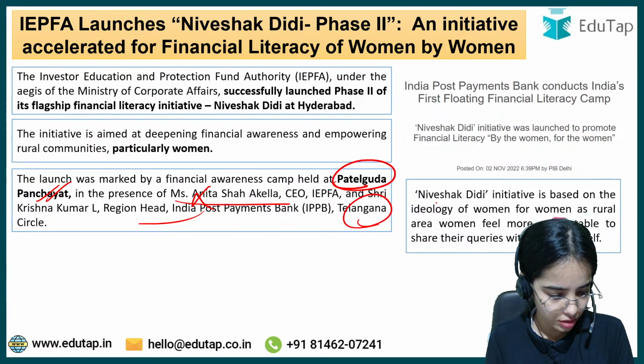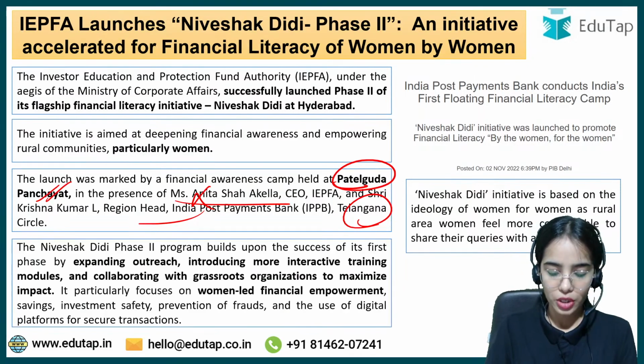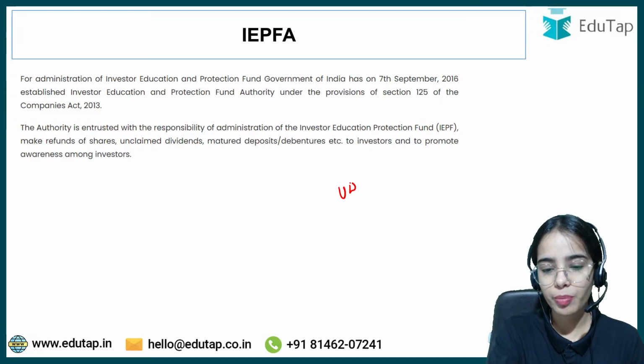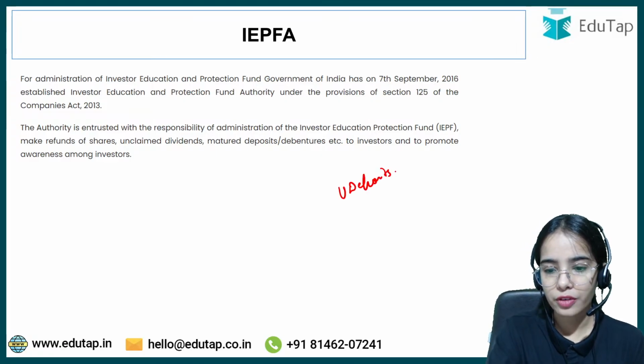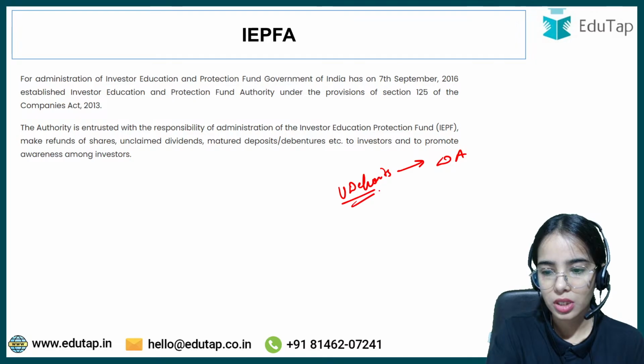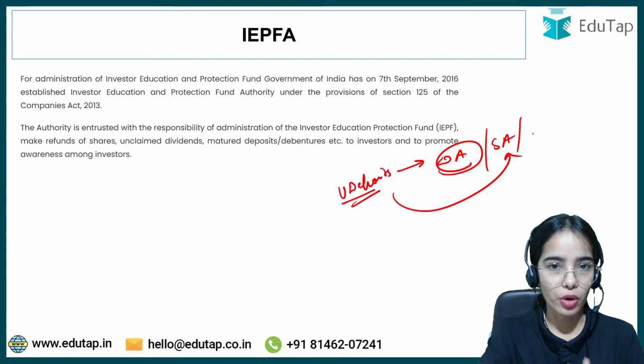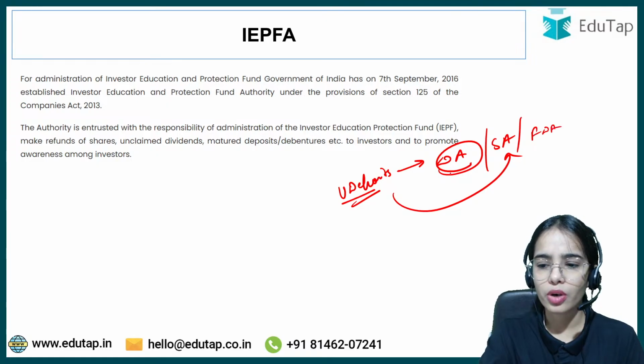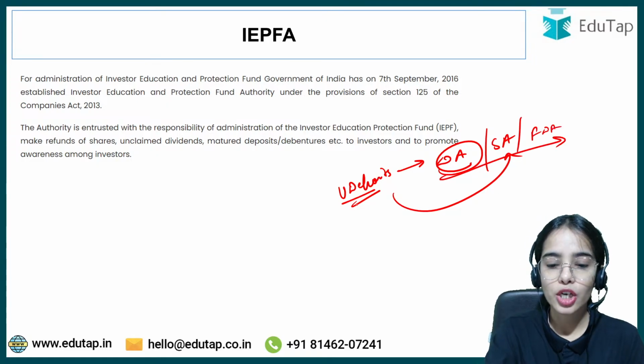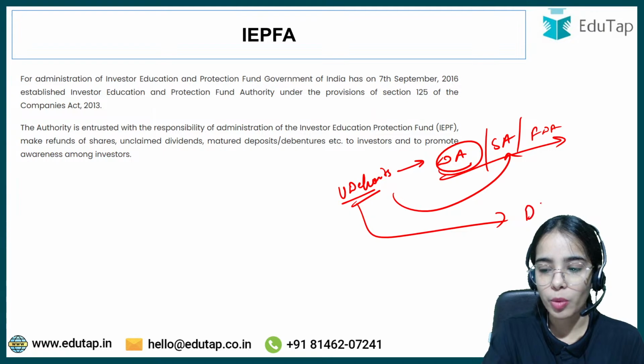Unclaimed deposits go to Deposit Education and Protection. Yes, Guru Raja, correct. Basically, the unclaimed deposits from your savings account, fixed deposit account, or any account in the bank go to the Depositor Education and Awareness Fund.